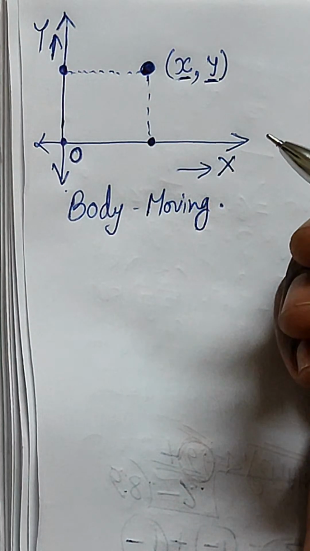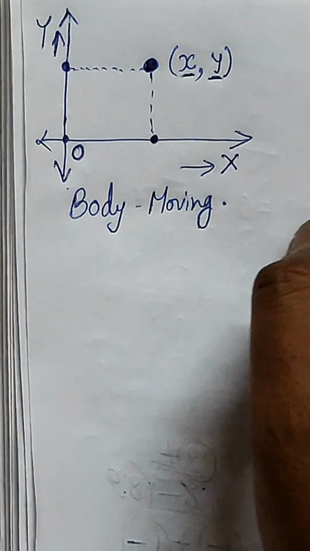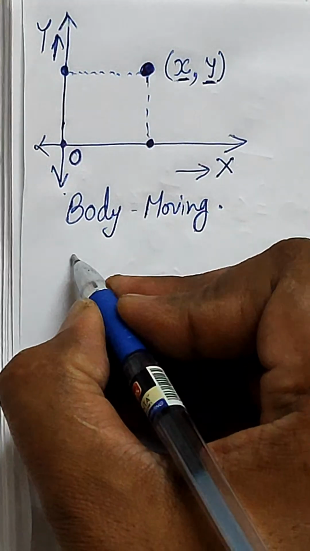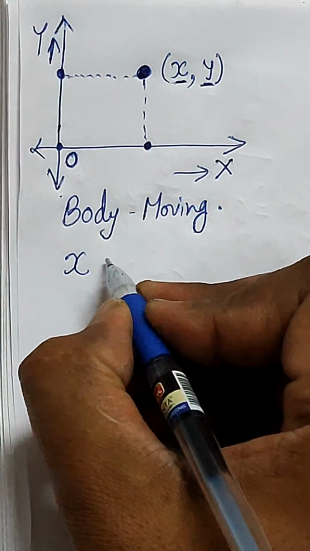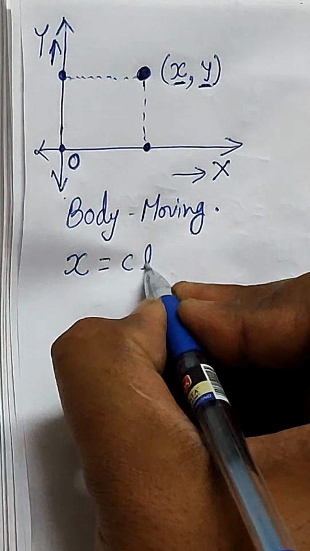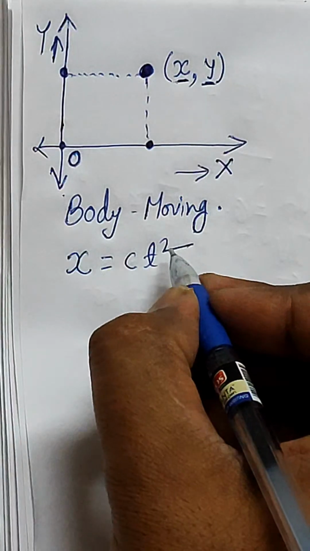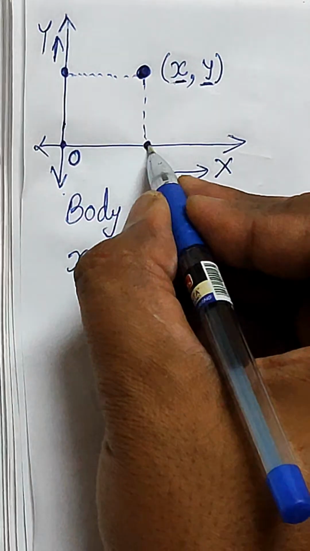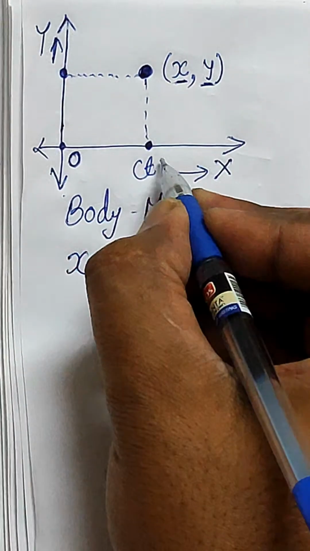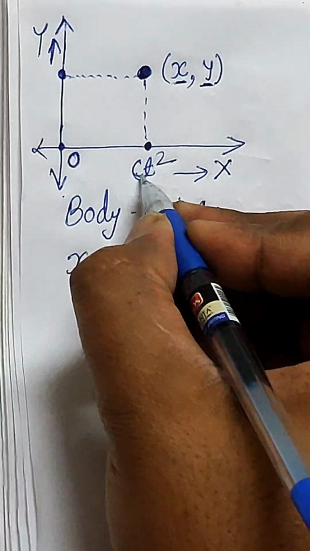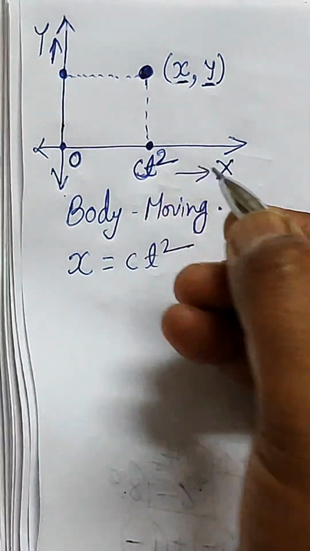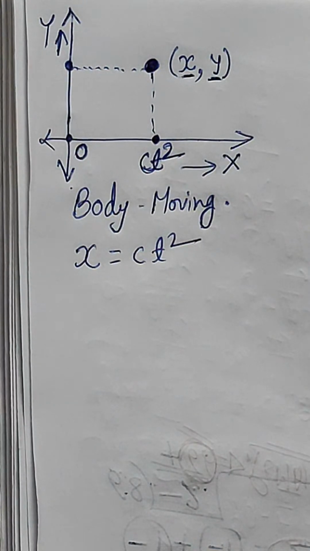Now it's given that x equal to ct square. The value of x is given to you as ct square. That means this point is ct square, right?